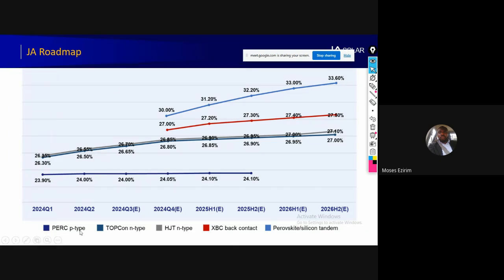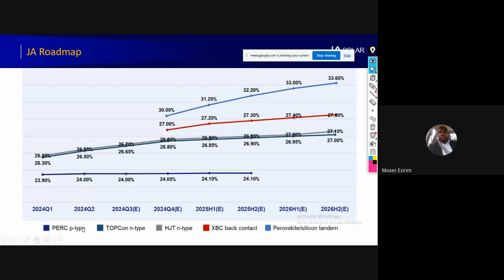We have PERC, which stands for passivated emitter and rear cell, P-type. We have TOPCon N-type. TOPCon stands for tunnel oxide passivated contacts. We have HJT, which is heterojunction technology. We have XBC back contact, and we have the perovskite silicon tandem.